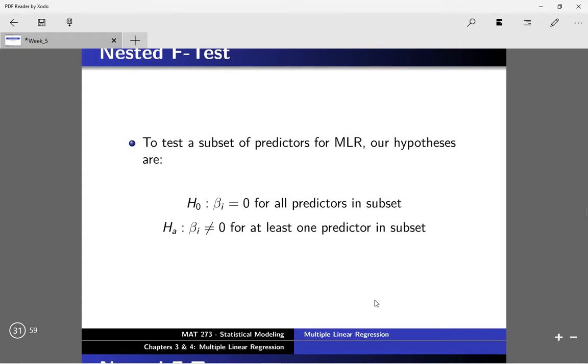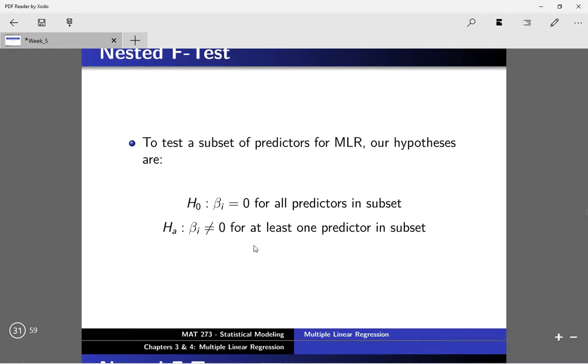And for this nested F-test, we have a formal set of hypotheses again. In particular, we are testing a set of predictors that we want to consider removing from our model or not. Our null hypothesis H0 is that all the betas, the beta sub i's that we're considering removing, are 0 for all predictors in the subset.